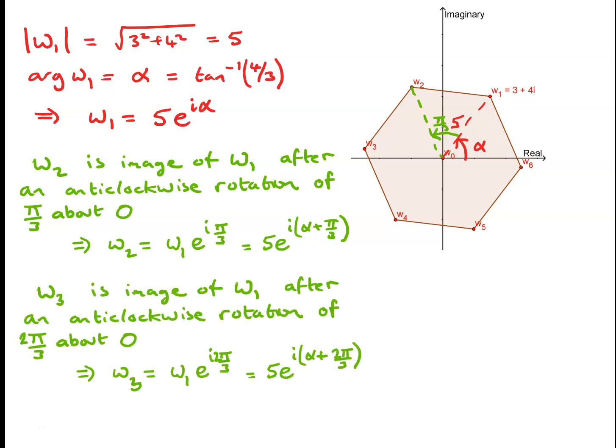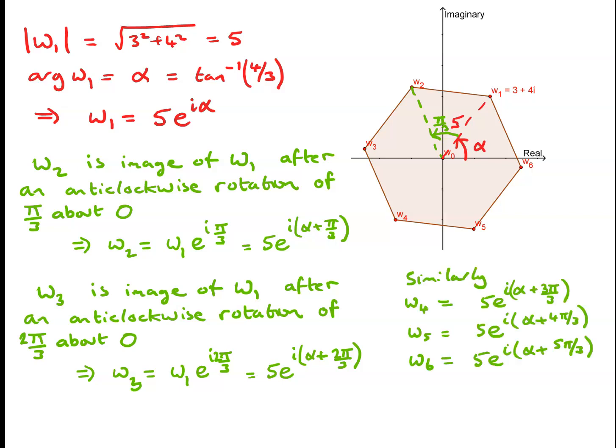Similarly, w3 is the image of w1 after an anticlockwise rotation of 2 pi by 3 about the origin. So we can say that w3 is w1 times e to the i 2 pi by 3. So that's going to be 5e to the i alpha times e to the i 2 pi by 3. So that gives me 5e to the i times alpha plus 2 pi by 3.